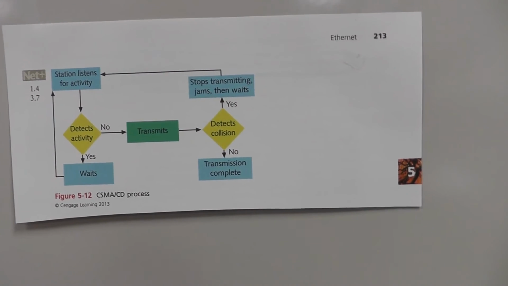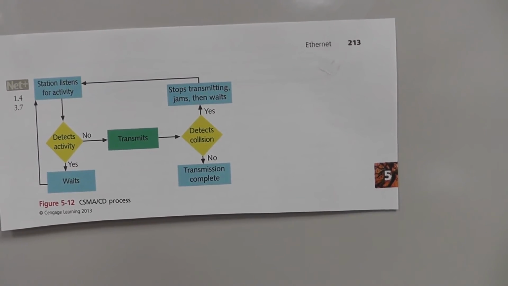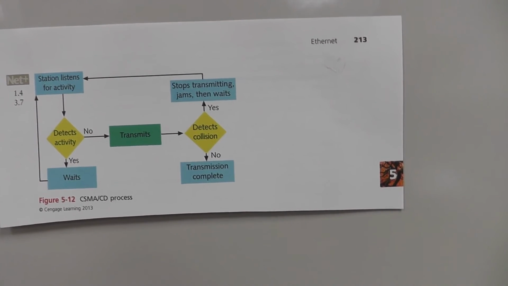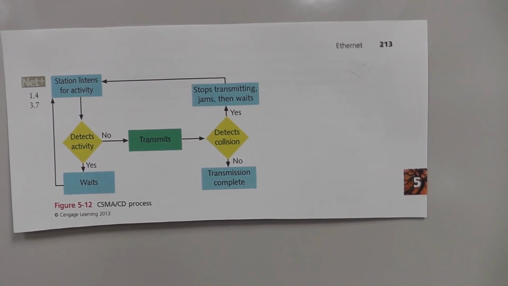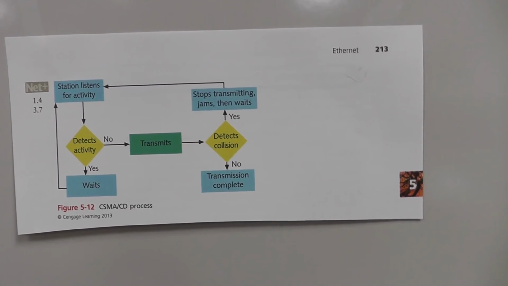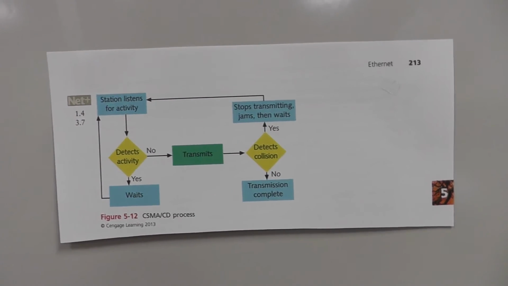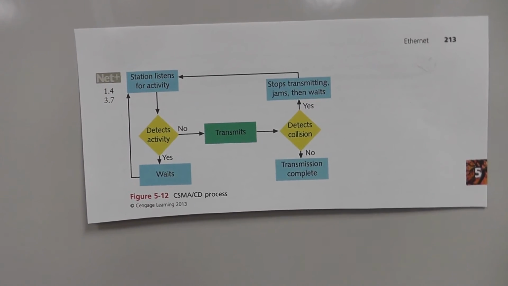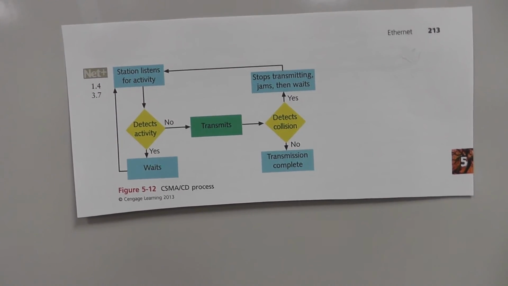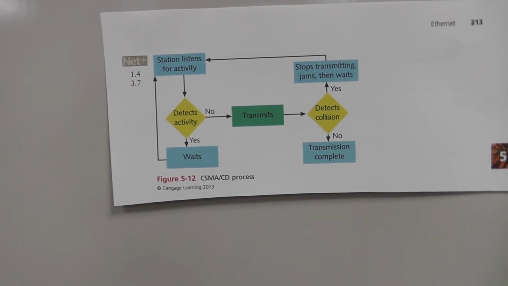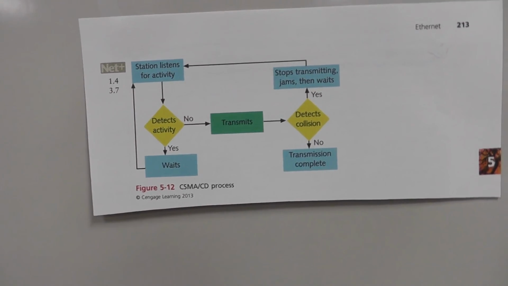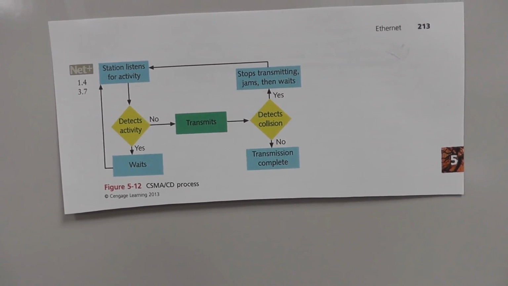And then it will try to detect a collision, and if it does, it will stop transmitting. It will perform the jam procedure, and then it will wait and go back into the listening mode. If it detects activity initially, it goes into a wait mode, and then goes back and listens for activity.